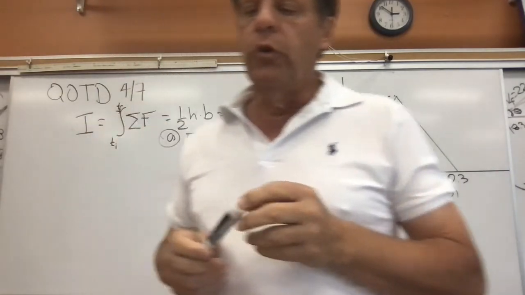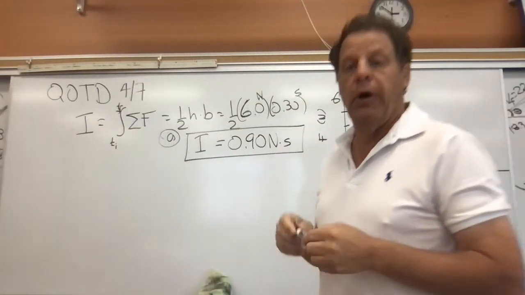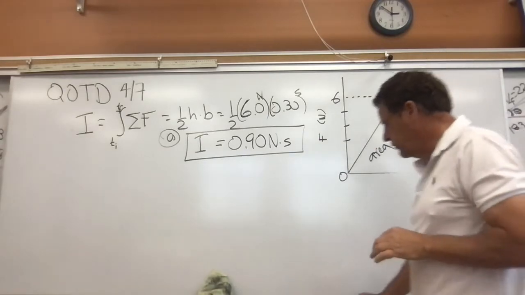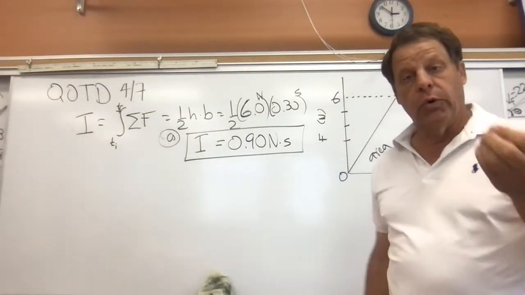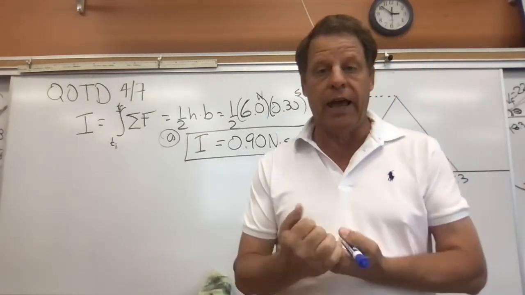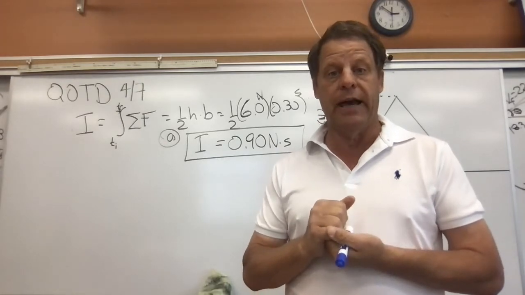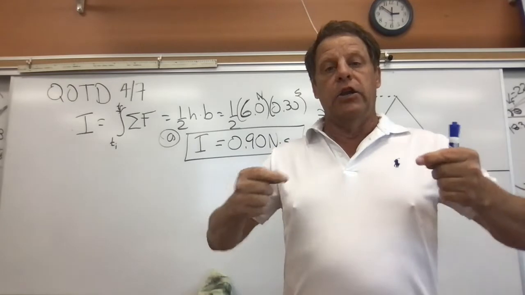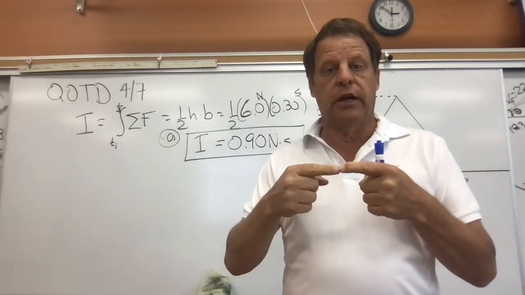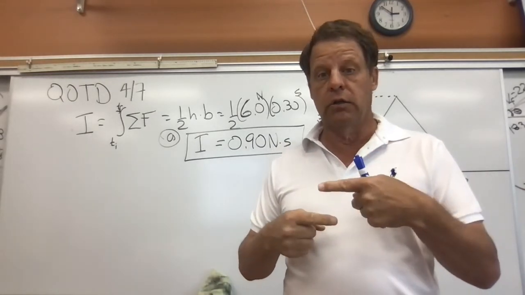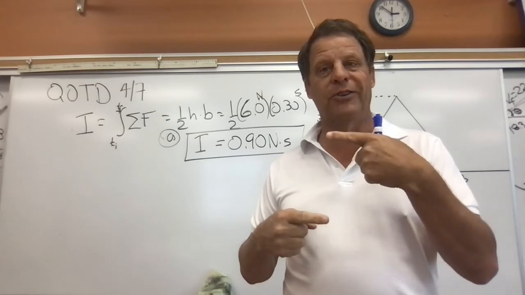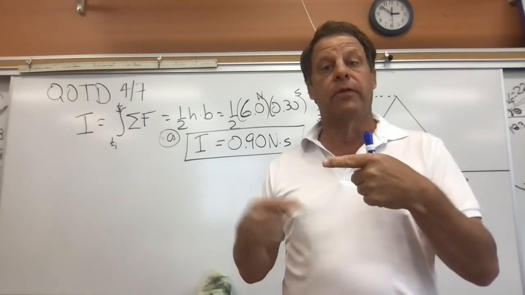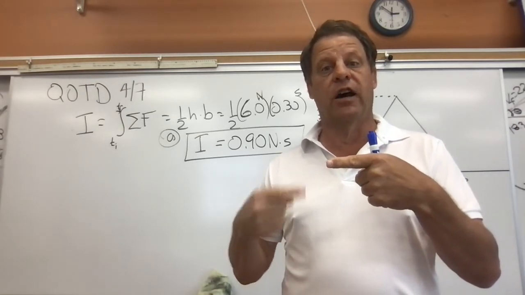All right, so what is the impulse of the ball on the racket? Well, according to Newton's third law, for every action, there's an equal and opposite reaction, and those actions are forces, right? You cannot touch an object longer than the object touches you, right?